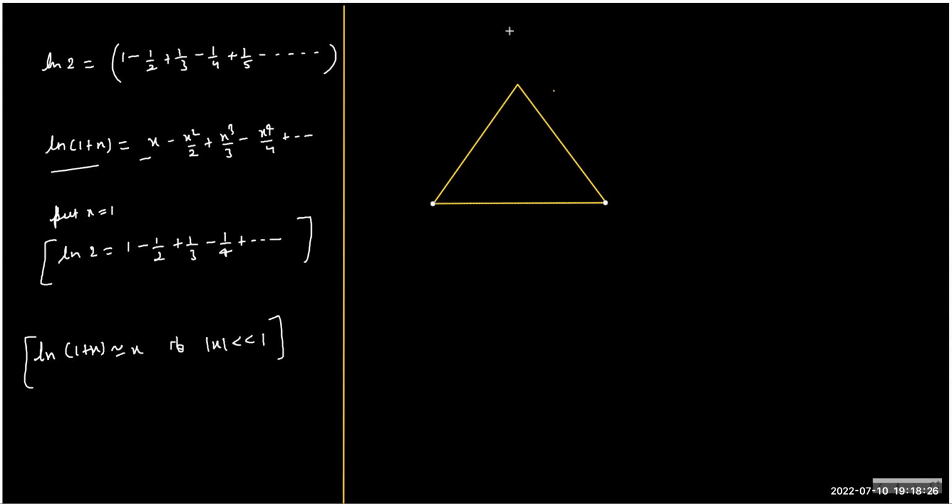So let's say we have an equilateral triangle and charges are at the vertices of this triangle. The side length you can choose to be A. Let me remove this charge. I don't want it. So one of the vertices is empty.